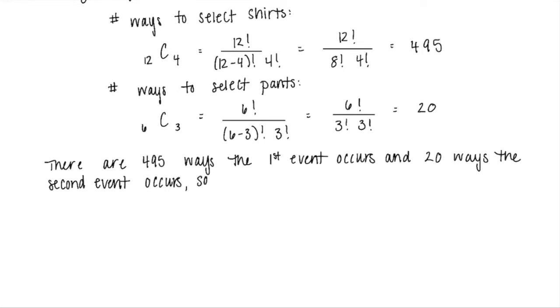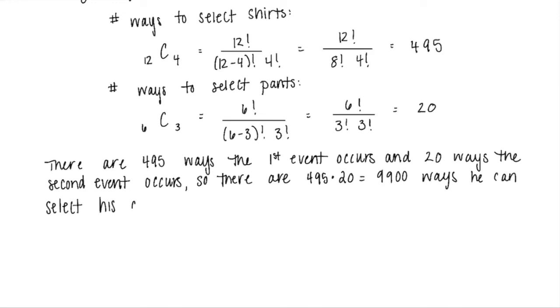So there are 495 times 20, which is 9,900 ways he can select his clothes to bring on vacation.